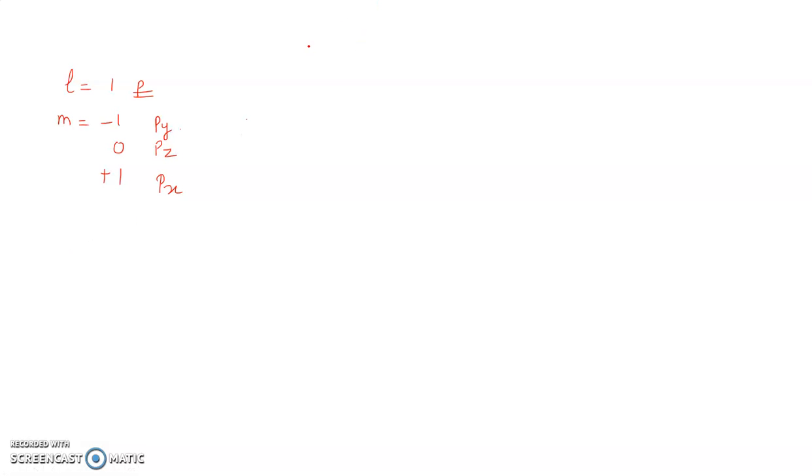So if it is 2px, for 2px, value of n is 2, that is in second shell. L is 1, that is p subshell. And x means which direction the orbital is in, that is x axis, plus 1 value. So in this way we assign this.